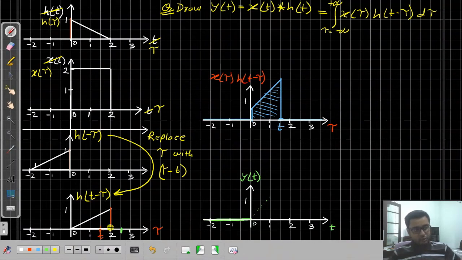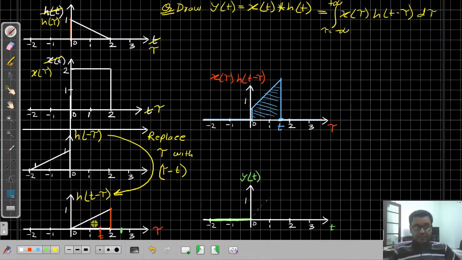At this moment, when this red line is at t equal to 2, then the overlap is maximum between x(tau) and h(t minus tau).